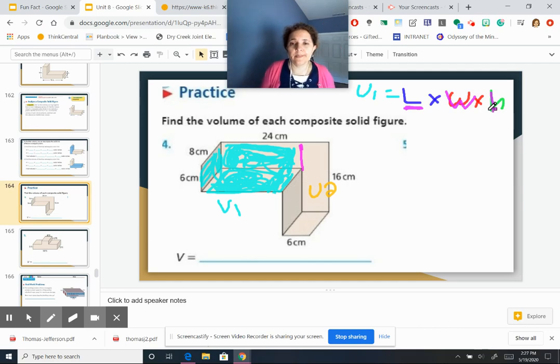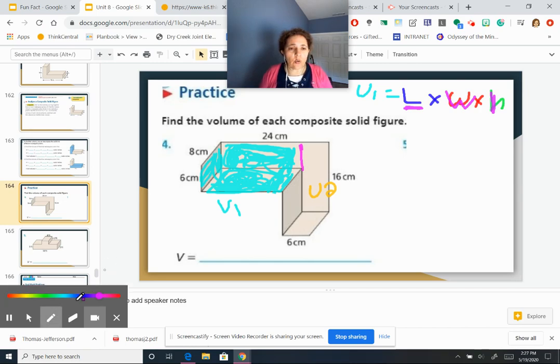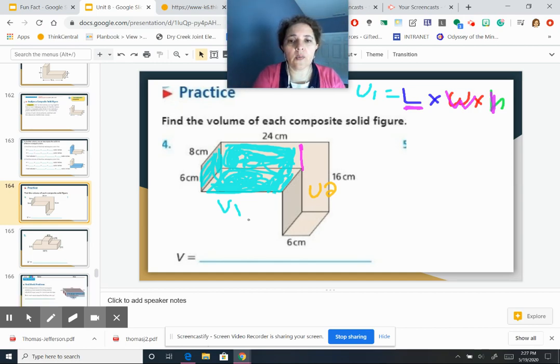That helps me. Okay, so now I'm going to find all my lengths for both of my shapes. I'm going to get my blue because that's what I've been using for my lengths. So lengths this way. Here is a length right there because it's going that way.